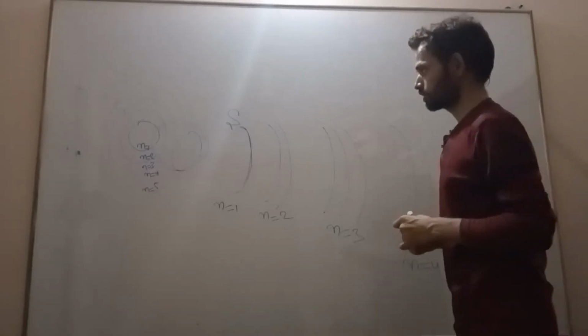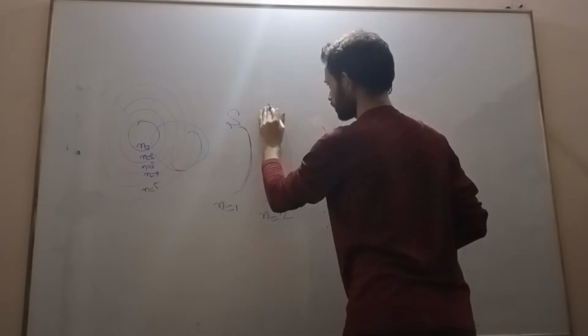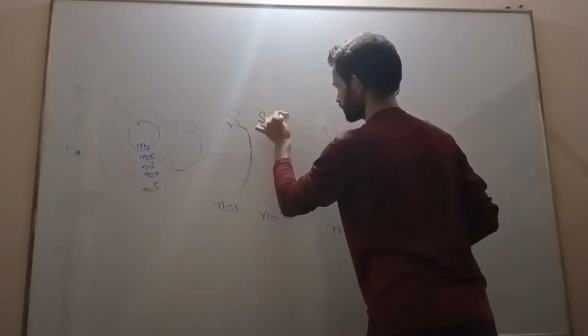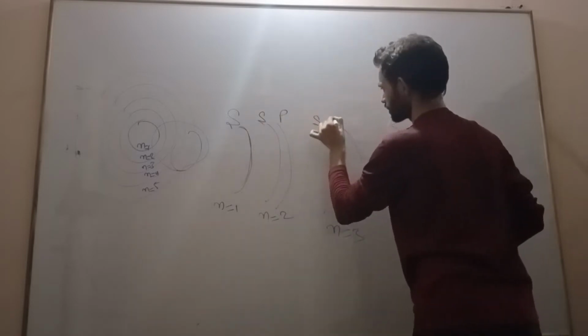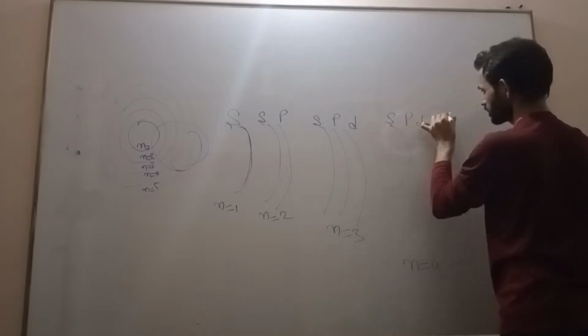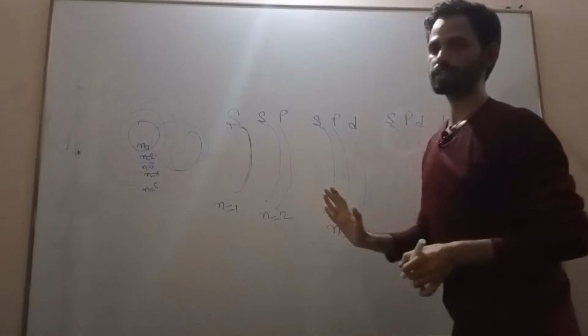These subshells are s, p, d, f. In the first level there is s; in the second, s and p; then s, p, d; then s, p, d, f.